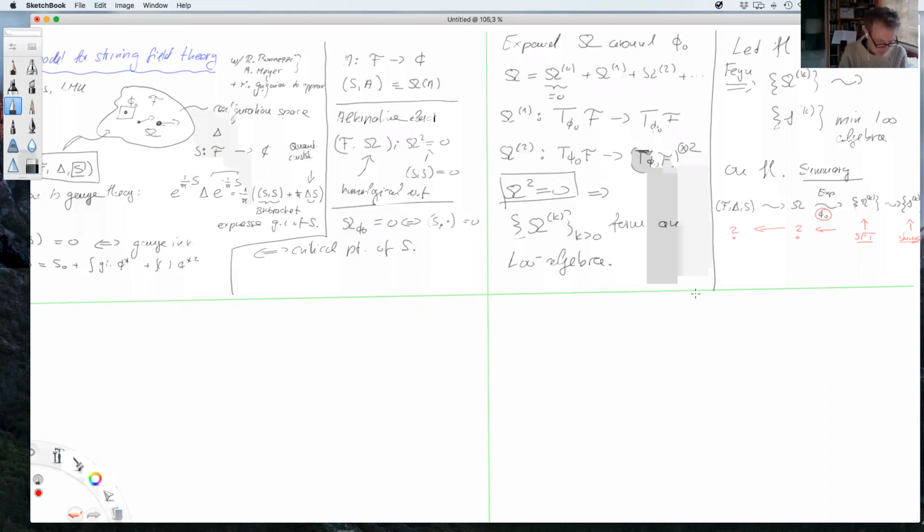We make the string tension infinitely big, then we should reduce to the point particle with no excitations of the string anymore. So then I could ask, is there a version of the point particle where I can do this? And the answer is yes. For the point particle, you can do it. And this is what my talk is going to be about.